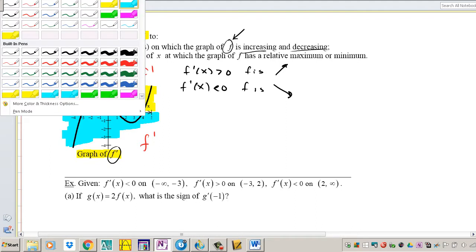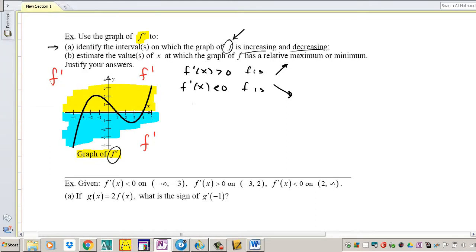So on what intervals is the graph positive, or above the x-axis? We see that from here to here I have a positive slope, and from 4 to infinity I have positive slope, because my graph is a derivative graph.